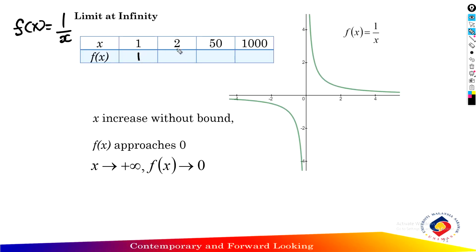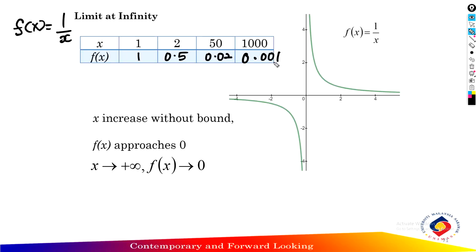And the second value of x, f(x) equals 1 over 2 or 0.5, and then 50, 0.02, and the last value of f(x) equals 0.001.